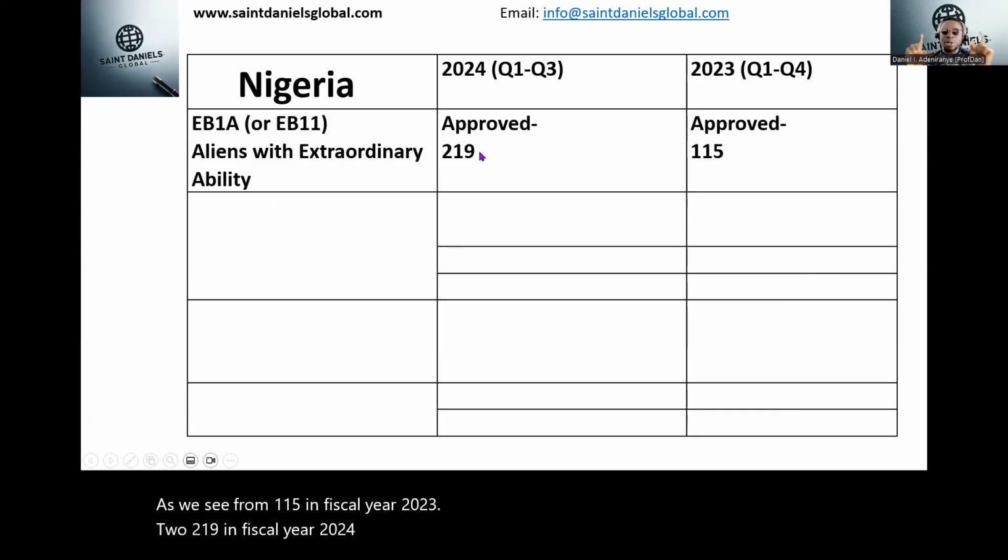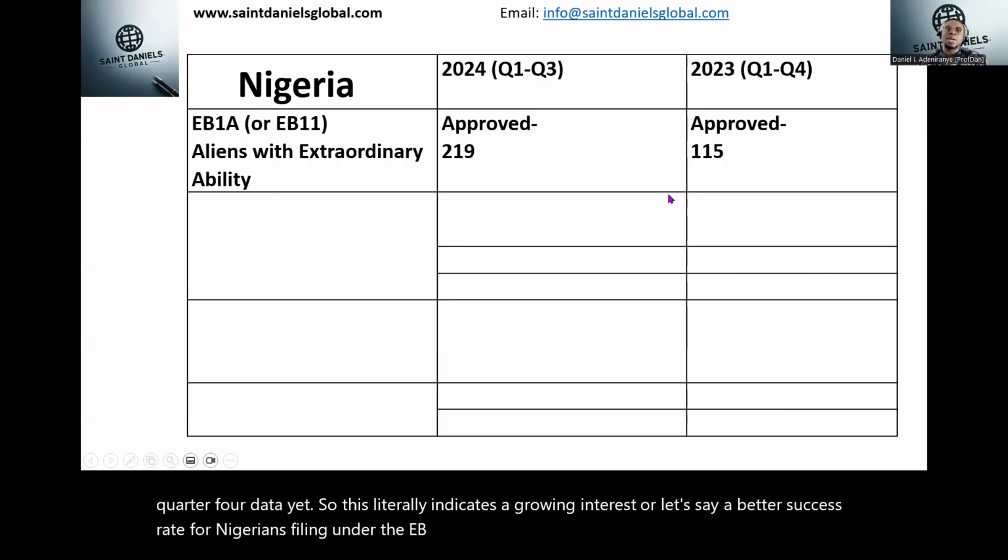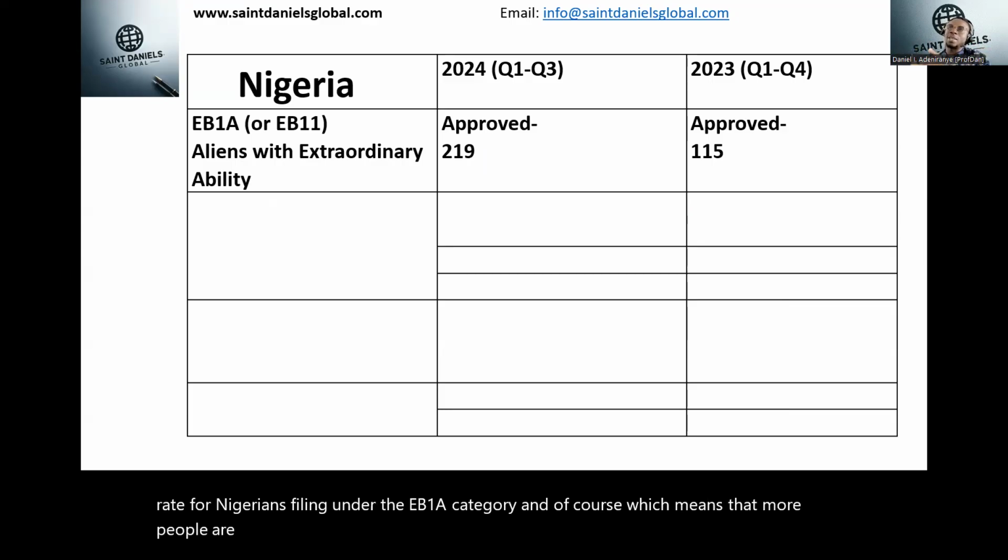Remember, this is just quarter 1 to 3; we've not added quarter 4 data yet. So this literally indicates a growing interest, or let's say a better success rate, for Nigerians filing under the EB1A category. And of course, it also means that more people are applying than ever before. So kudos to you guys.